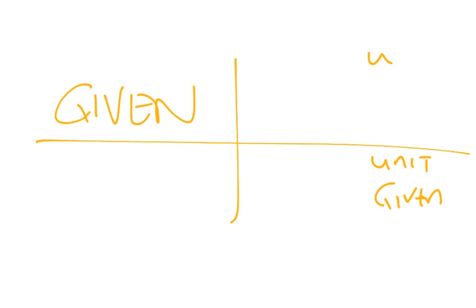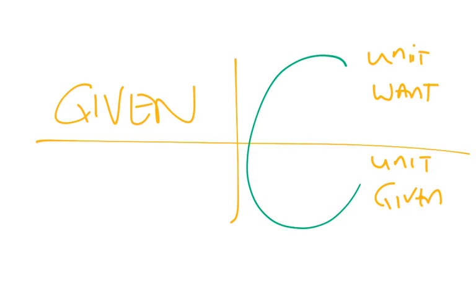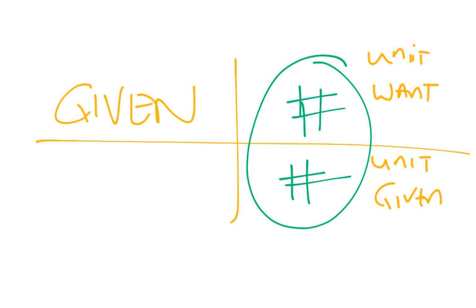Draw your cross, put in your given, put in the unit of your given, put in the unit you want, and then put in the numbers, how these two things are equal to each other. How many of this thing on top equals how many of this thing on the bottom. If you know those two things, you will master dimensional analysis. Just don't quit on it. Keep practicing, keep working with me, you will get this.